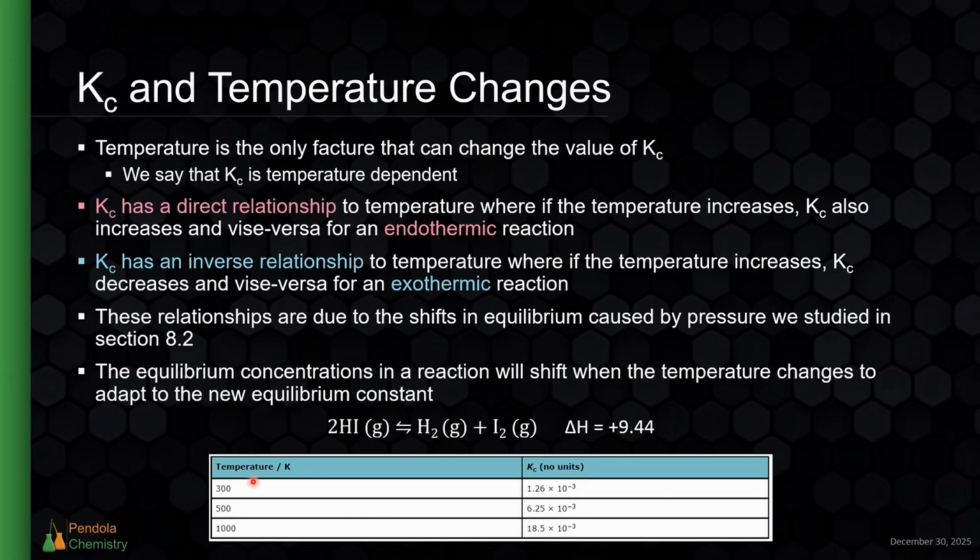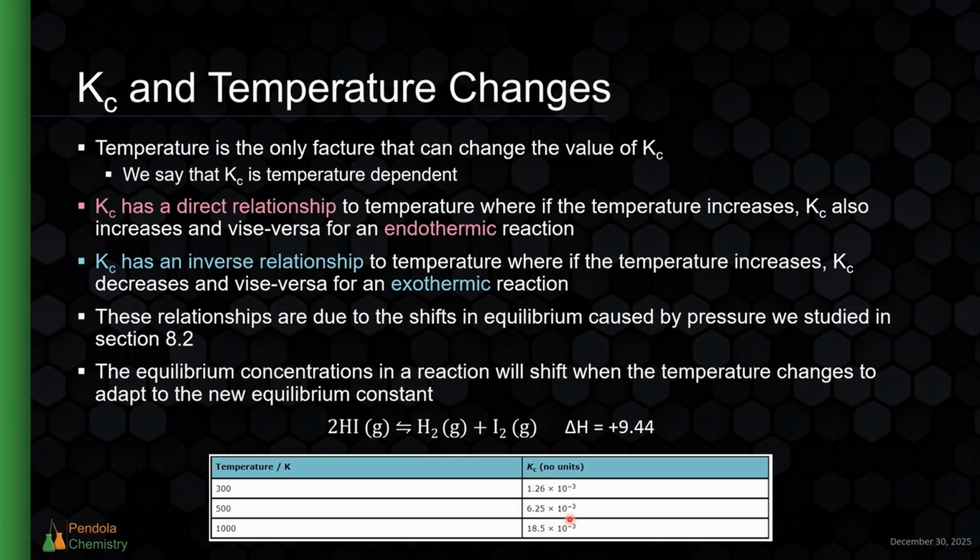As we increase the temperature from 300 to 500 to 1000, the Kc for this reaction increases from 1.26 times 10 to the negative third, to 6.25 times 10 to the negative third, to 18.5 times 10 to the negative third. So the relationship between Kc and temperature is positive. It's a direct relationship. As temperature increases, so does Kc. Why? Because this reaction is endothermic.